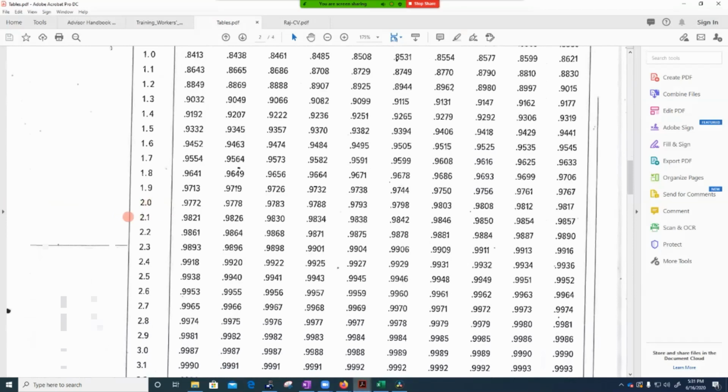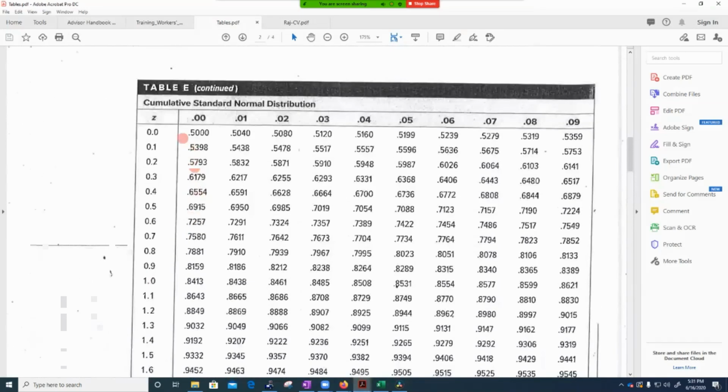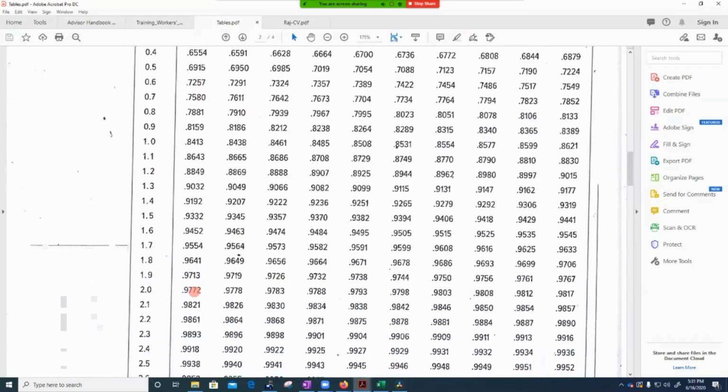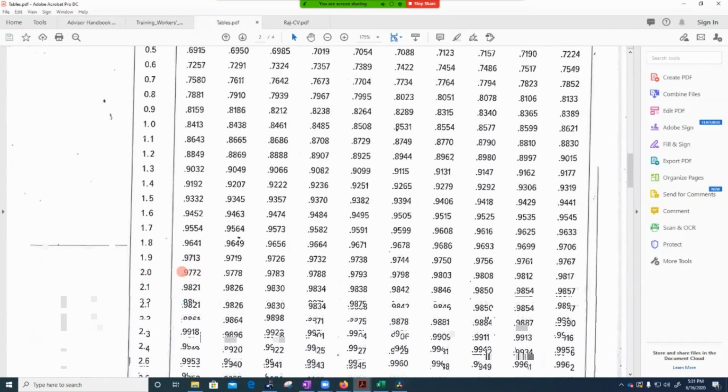If you look at 2.0, and the 0 column is the one I need. That is simply 0.9772. 0.9772. That means the left area of that point.